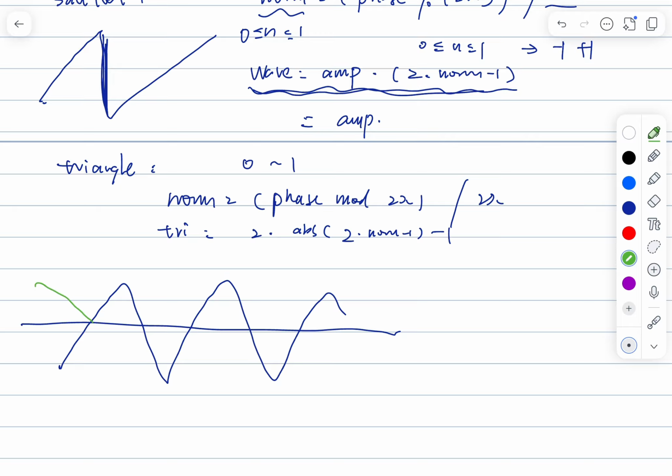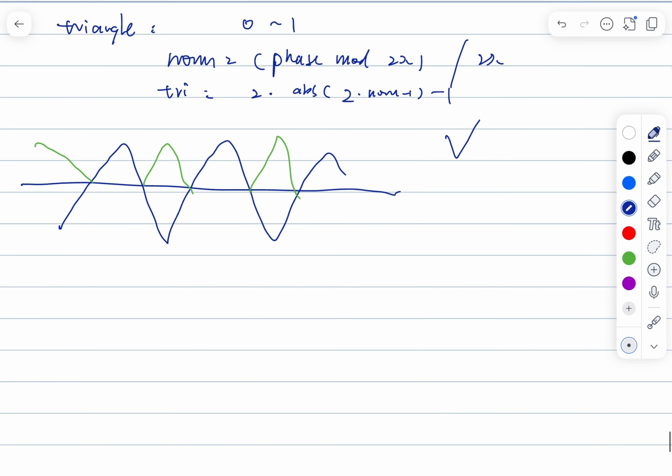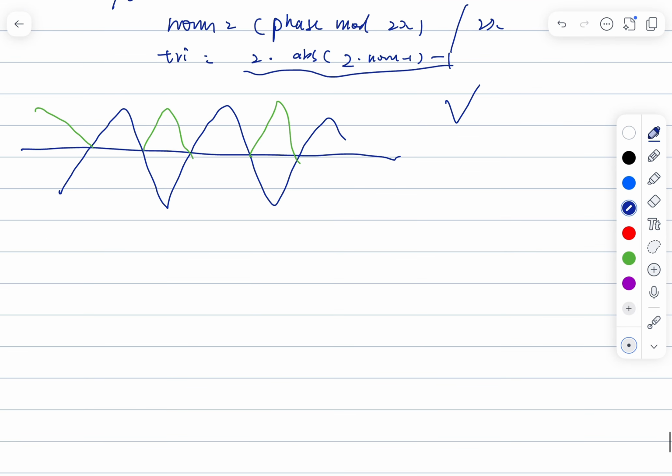It goes like boom, boom, boom, so we get these V-shaped waves, which are basically our triangle waves, and then we stretch them out. So the wave is just going to be equal to amp times the triangle. And basically that's our normal waves.